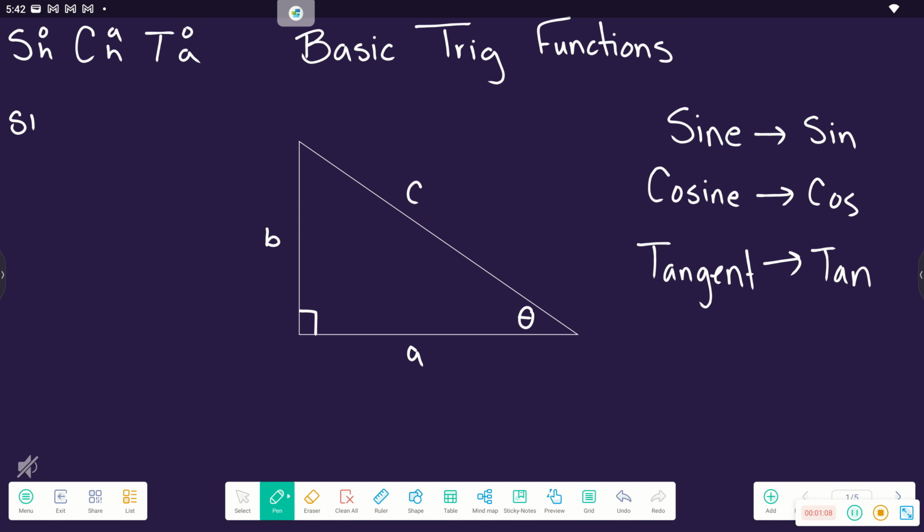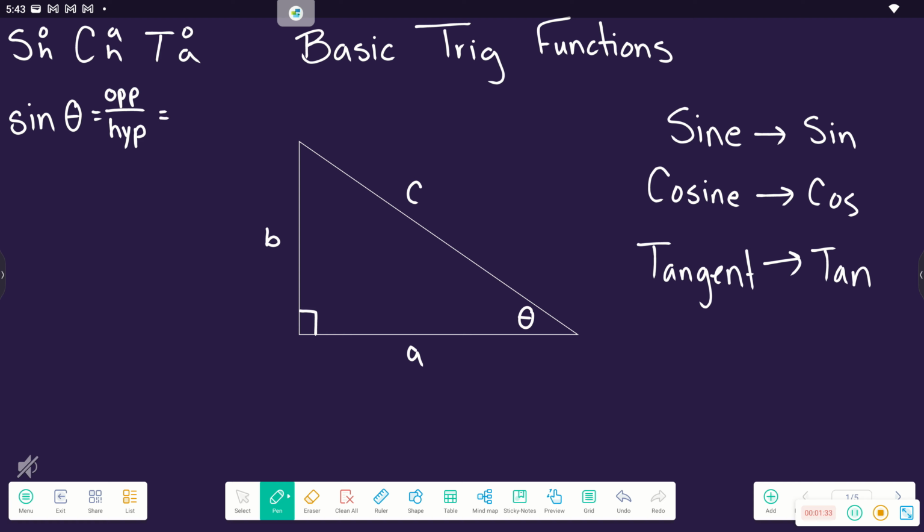If I want to find sine of theta, or if I am looking at my triangle here and I'm looking for sine of theta, you are always going to be doing the opposite side over the hypotenuse, okay? Or SOH, opposite over hypotenuse.